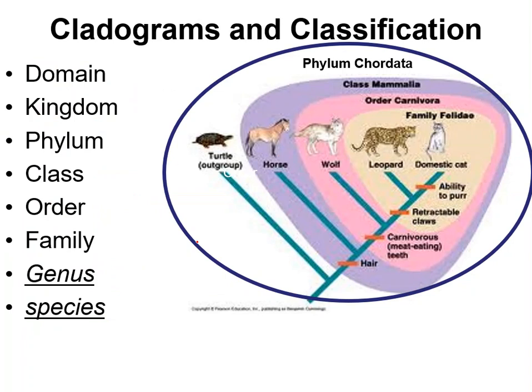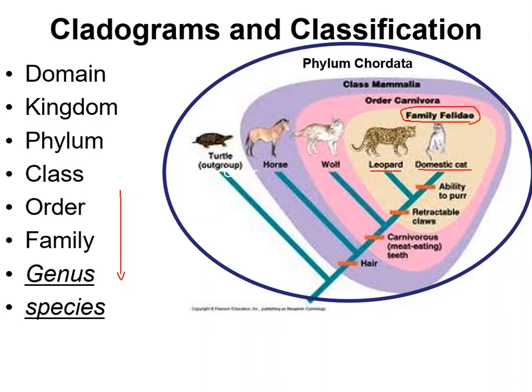And ideally, when you have a cladogram, the branches nearest to each other are lower down on this list, right? So if you have a cat here and a leopard, these are of the family Felidae, or Felidae for feline.